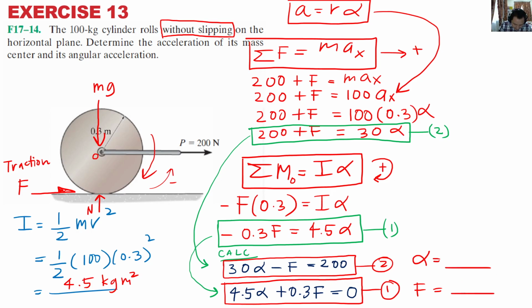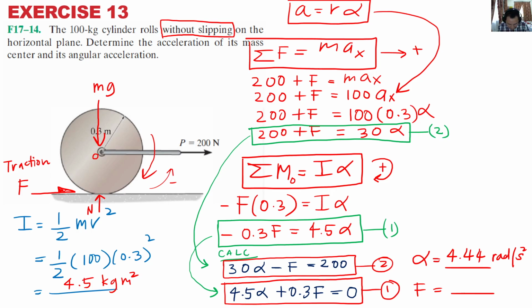So mode, equation, one unknown, 30, negative 1, 200. 4.5, 0.3, 0. Solve it, you're gonna get 4.444. This one is for alpha. 4.44 radian per second squared. How about F?